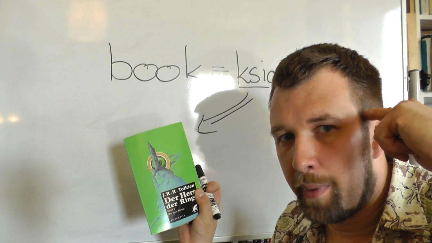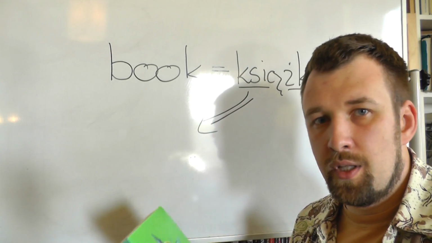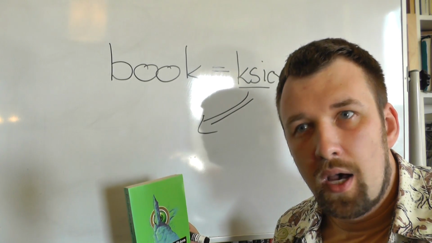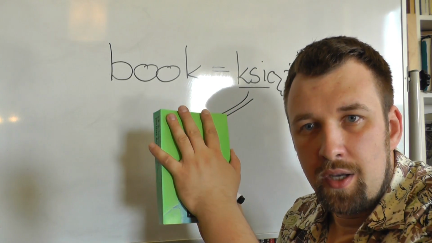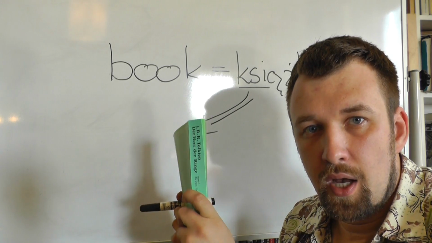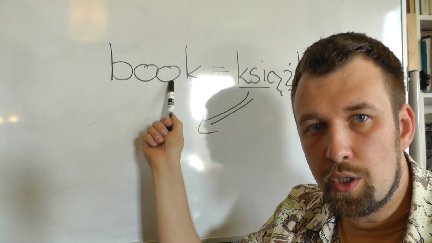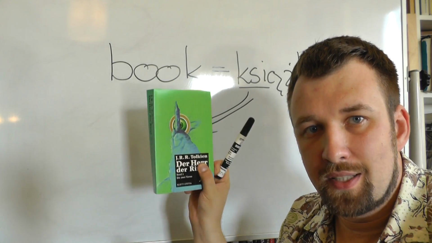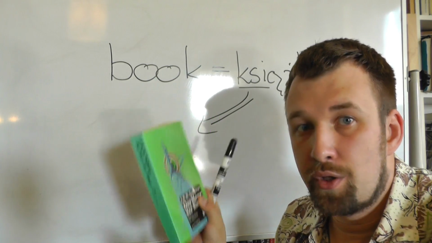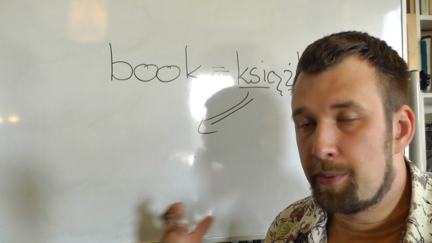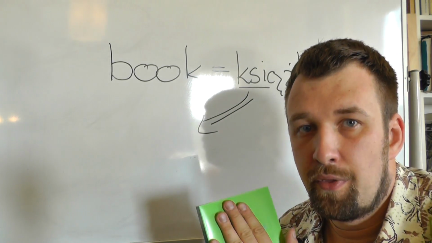Because when we think about the word in our mother tongue, we don't see letters, we don't see words, we see the item, the book itself. And that's why I want my students, when they see this word, to also see this, a book. Not a word in another language, not an abstract idea, to see something.